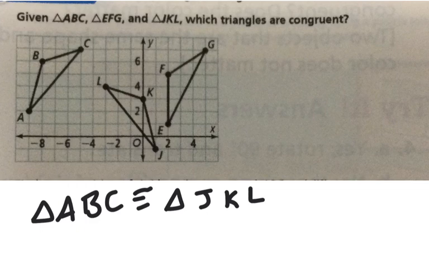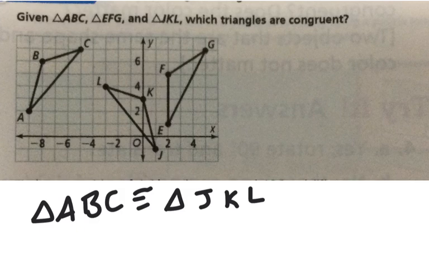So I went right 10, and it worked. So that should be the same for all of them. If I move B right 10, you have to move down. It doesn't line up, does it? If you move A right 10, it doesn't line up. So we know A, B, C, and F, G, E, they don't line up exactly correctly.